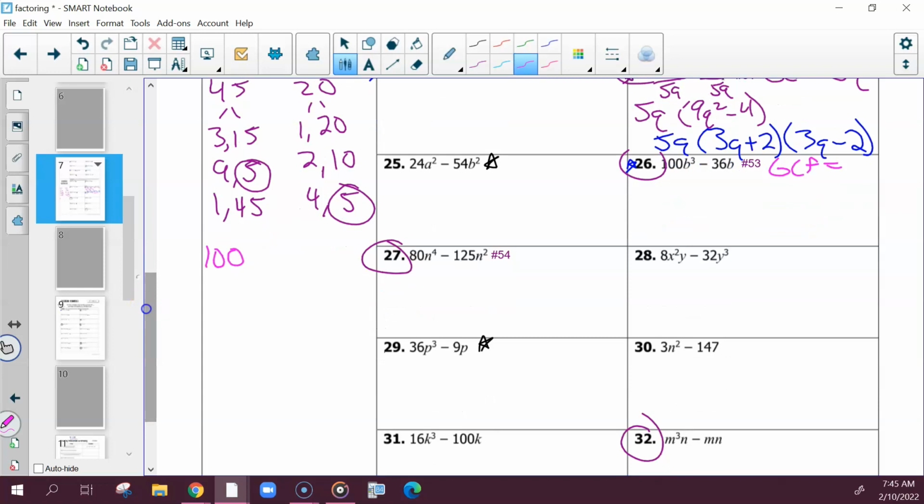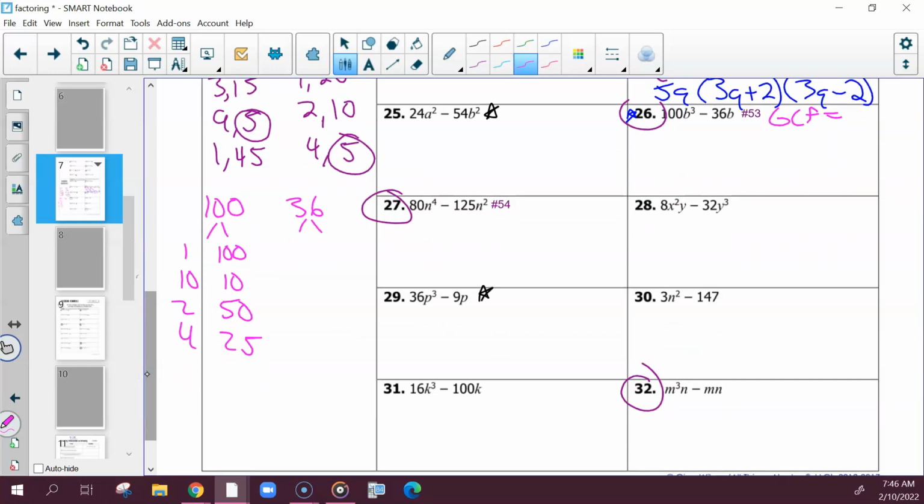So off to the side, I'm going to go ahead and find our factors of 100 and see what they share. What are some factors of 100? 1 and 100. 10 and 10. 2 and 50. 4 and 25.